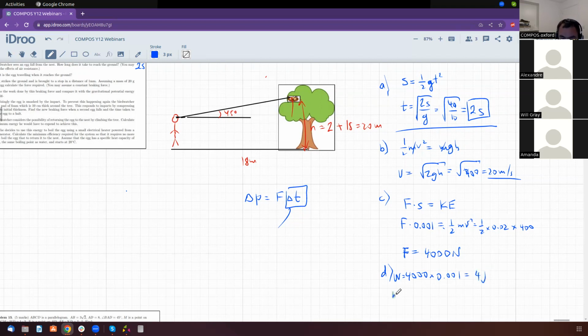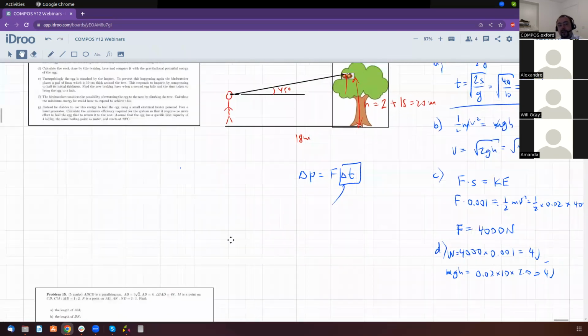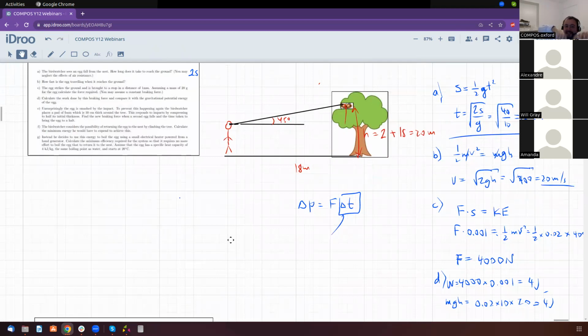And the mgh is equal to 0.02 times 10 times 20. That's 4 joules. This has to be the same. There's no other option, because gravitational potential energy turns into kinetic, and kinetic is reduced by doing work on the egg, stopping the egg.